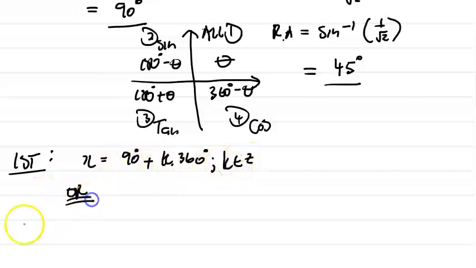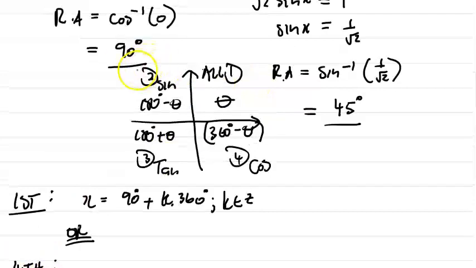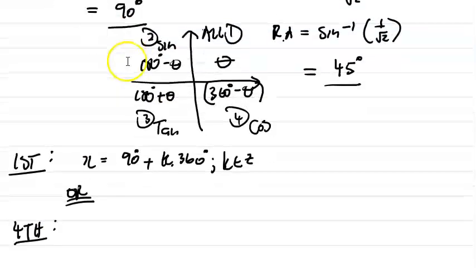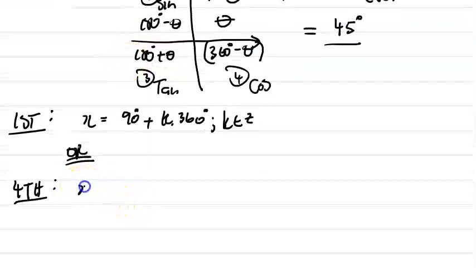Now we write the fourth quadrant solution. In the fourth quadrant, you've got 360 minus theta, where theta is your reference angle. If you go back here, your reference angle is 90. So in this case, x equals 360 minus 90, which is 270 degrees.